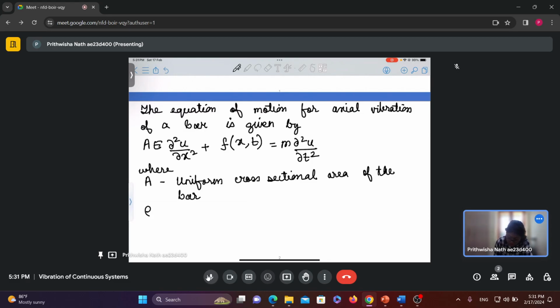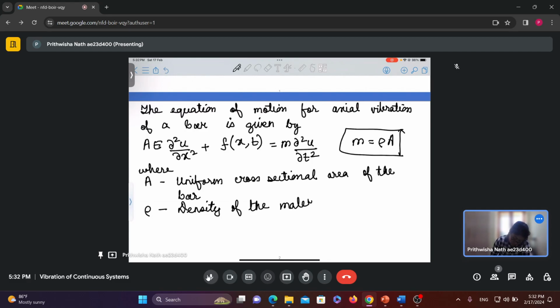Rho, here m equals rho into A, the mass m in this equation. So rho is the density of the material. E is the modulus of elasticity.